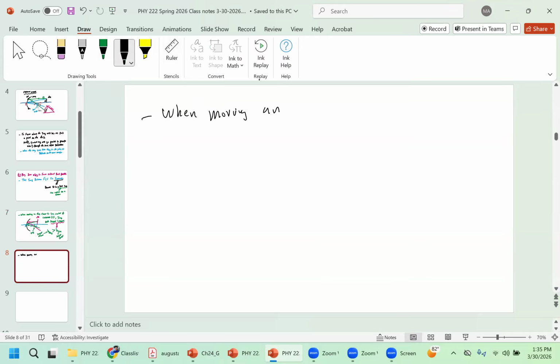So when moving an object to the center of curvature, to C, or not to C, at C. So basically, let me draw it again. So here's my principal axis.